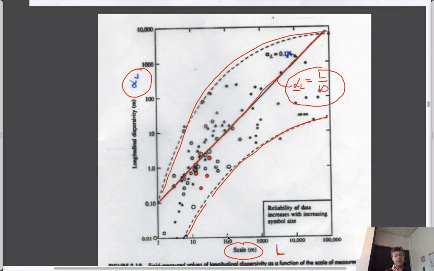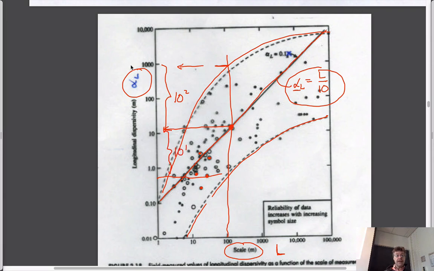You could make the argument that if you have a plume that's 100 meters long, then you'd think that the dispersion magnitude would be this, but the range of values actually aren't particularly well constrained, because this is 2 orders of magnitude here, and this is 1.5 orders of magnitude here, say 1.